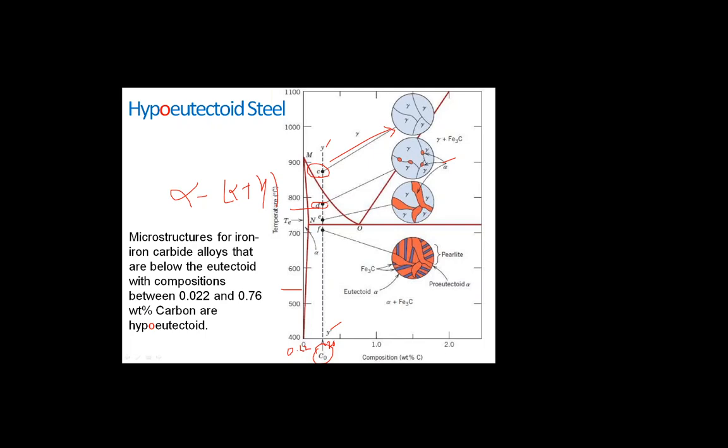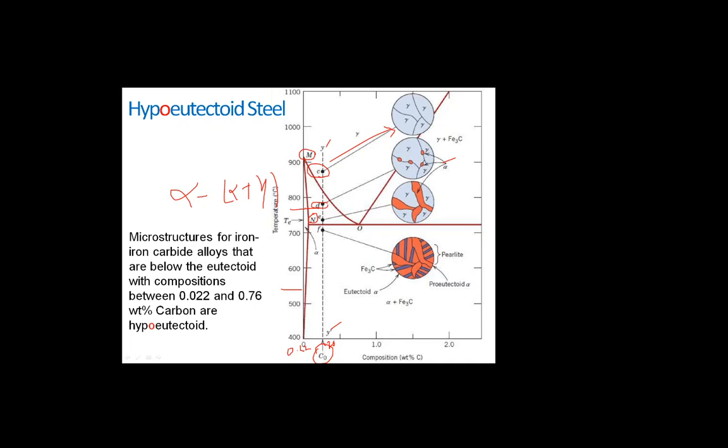In the M and N region the transformation is taking place, and the ferrite becomes slightly richer in carbon.